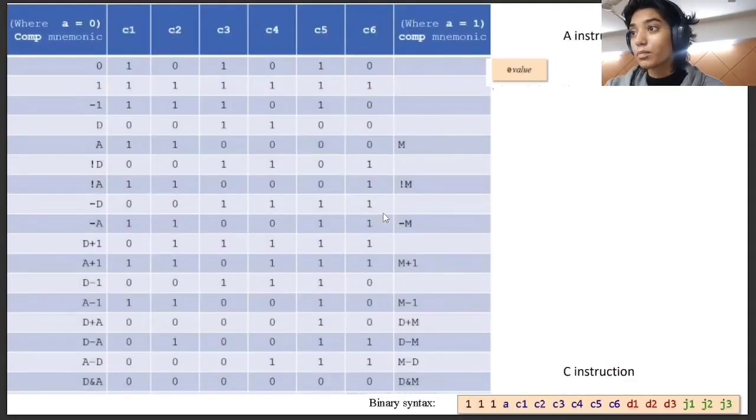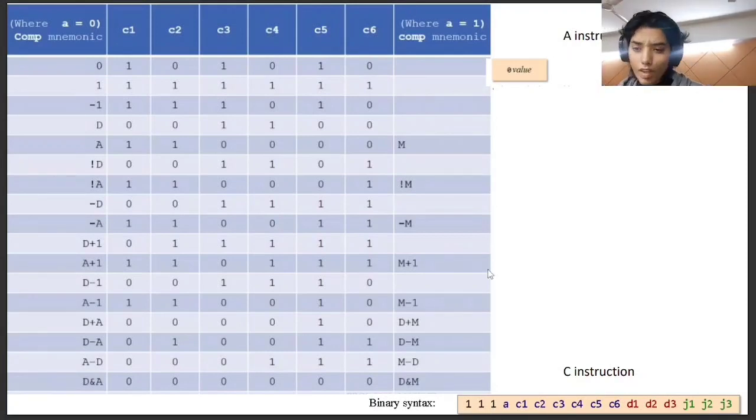Now let's talk a little bit more about the A instruction and C instruction. If you look at this, we have a 16-bit instruction. The leftmost bit, which is the most significant bit, is the opcode. When it is 0, it's an A instruction, and when it is 1, it's a C instruction.